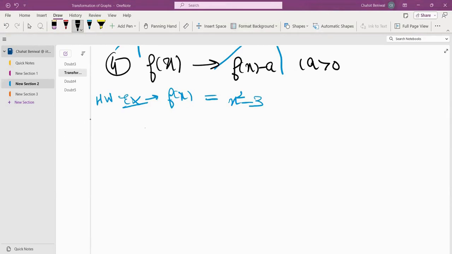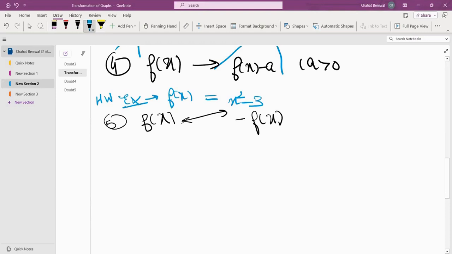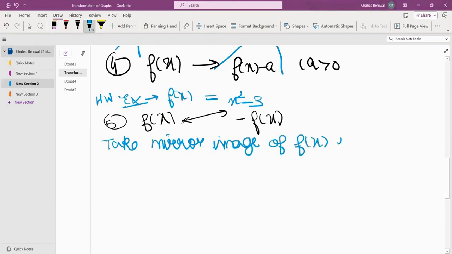Okay, so we are going to move on to our next transformation, which is when f(x) is transformed to minus f(x). Okay, so let us write the definition. When this transformation occurs, we need to take the mirror image of f(x) in the x-axis.